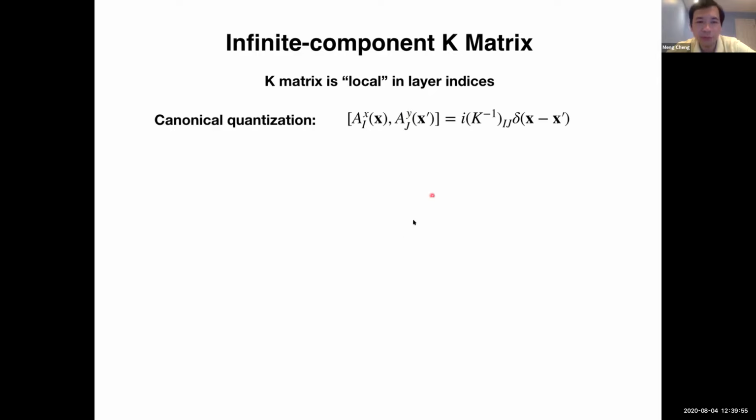But if we try to do a canonical quantization of this theory, following the usual recipe for quantizing a multiple component U1 Chern-Simons theory, we'll see that these gauge fields, this is just a general result for the K matrix, have to satisfy a canonical commutation relation between the X component of A of I, the ith layer, and the Y component of the jth gauge field.